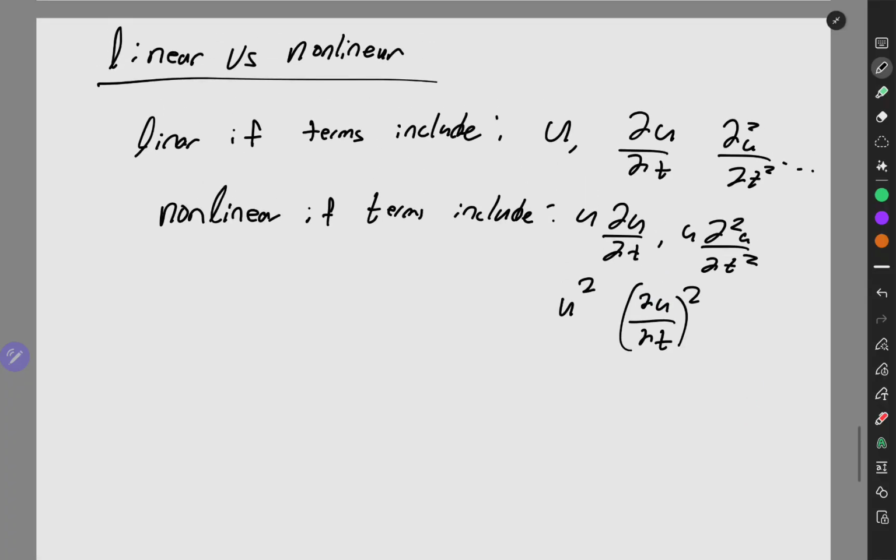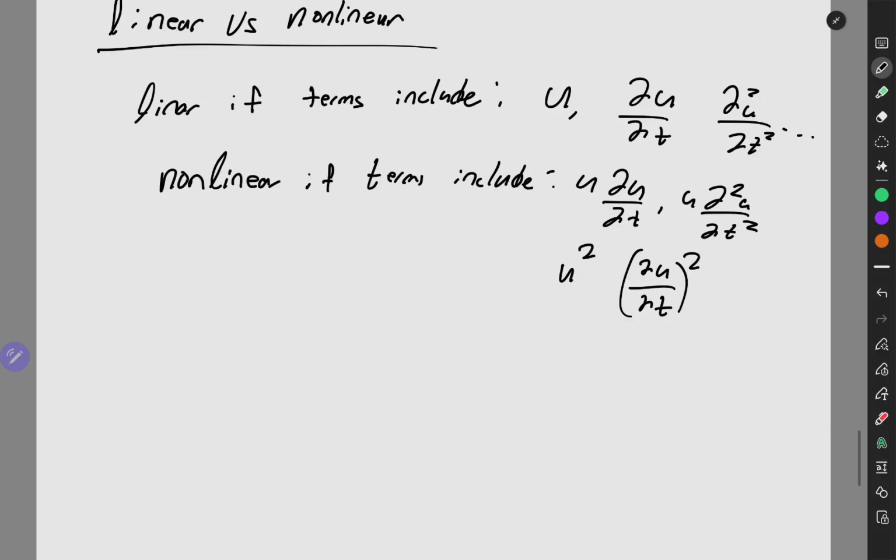And for example, I don't know if you take fluid dynamics, you'll notice that the big beautiful, maybe scary Navier-Stokes equation, that's a nonlinear PDE, because we have a lot of terms like this right here that are nonlinear. And as you know, those equations are very difficult to solve, and we really don't know how to solve them analytically.